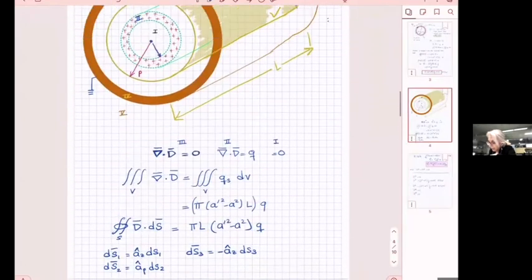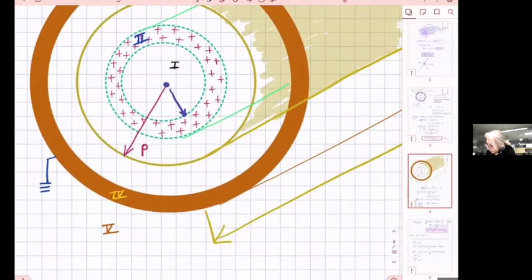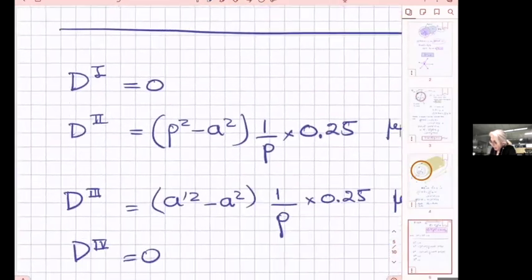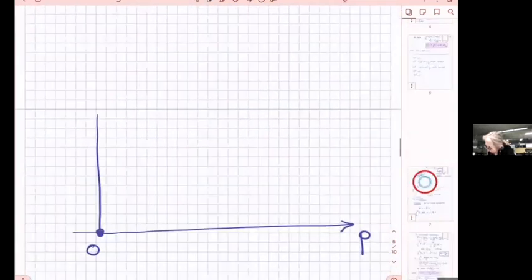So this is A, this is A prime, this is B. From 0 to A, it's 0. From A to A prime, it increases like this.